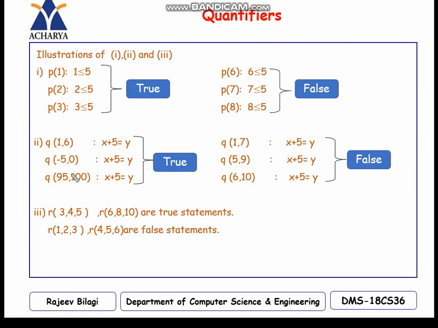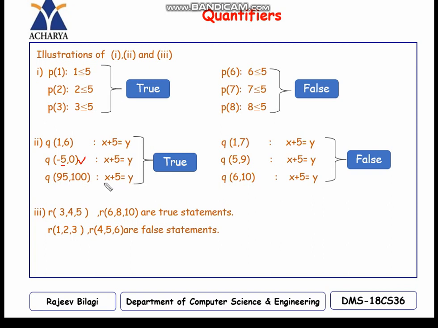Same thing with two variables. If you write q of 1 comma 6, with x equal to 1, 1 plus 5 is equal to 6, that is true. Second, if the value of x is equal to minus 5, then minus 5 plus 5 is equal to y, that is 0, which is given here. At the same time, q of 95 comma 100 is also true.